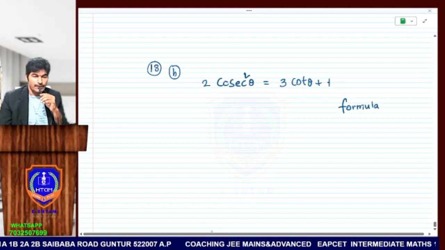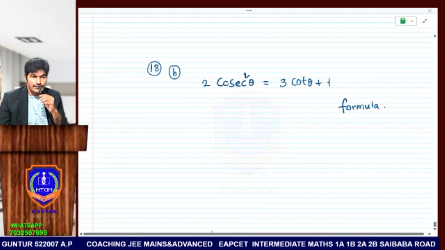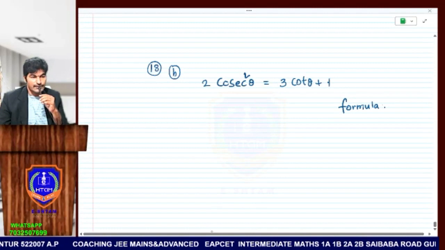Here, we cannot solve directly this trigonometric equation. Why? Because one thing is in square terms and the other one is like a normal term, cot theta. But if the trigonometric equation is completely in cot theta to the power 1 and cot theta to the power 2, then we can solve that by treating this as a quadratic equation in similar terms.